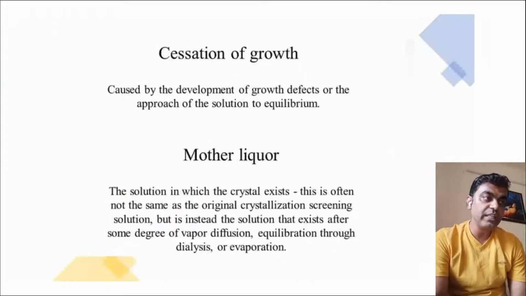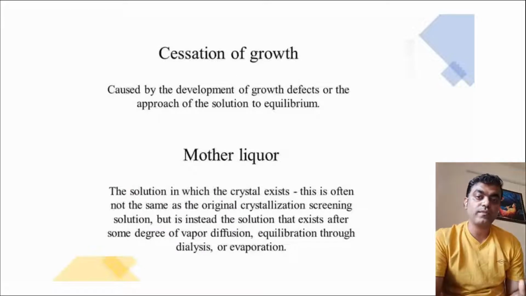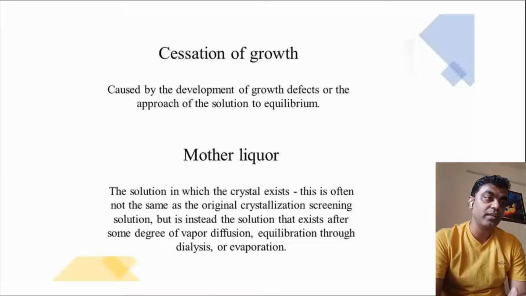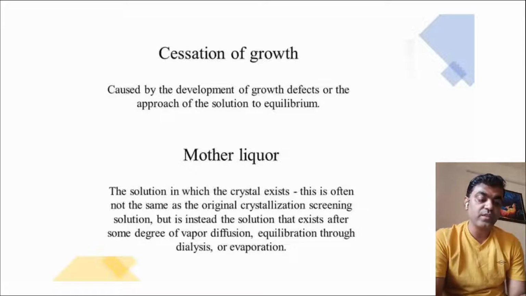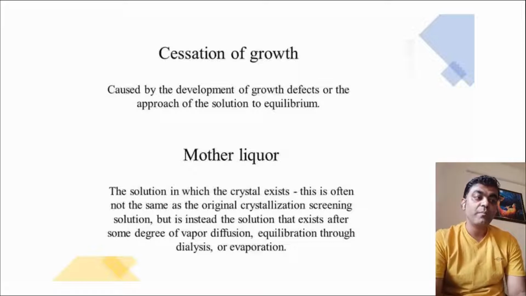Okay. So the growth of this crystal can stop in between, and can be hindered because of several defects also. One major thing is, if the thermodynamic equilibrium, that is what we have been talking of, is not maintained, the process will stop. The common factor is the solution in which the crystal exists. This is often not the same as the original crystallization screening solution, but is instead the solution that exists after some degree of vapor diffusion.